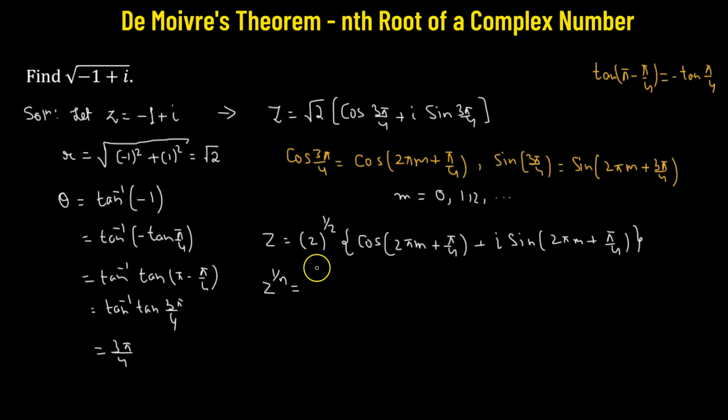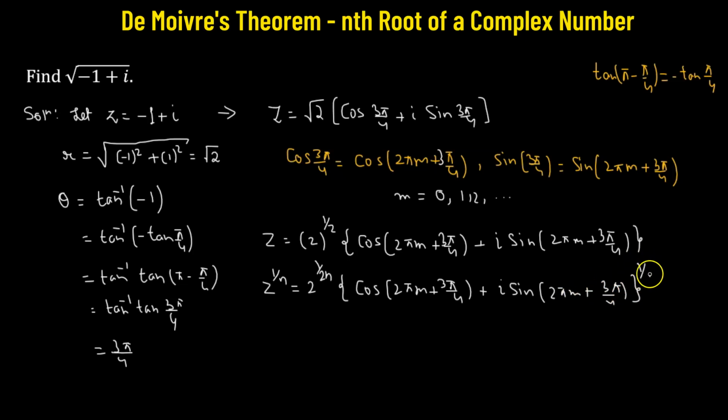That means we are raising the complex number to the power of 1 over n, which gives us 2 raised to the power of 1 over 2n, multiplied to the bracket cosine of 2 pi m plus 3 pi over 4, plus iota times sine 2 pi m plus 3 pi over 4, whole raised to the power of 1 over n.